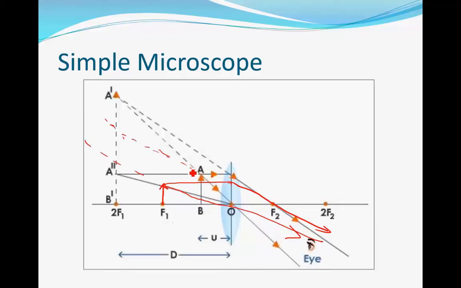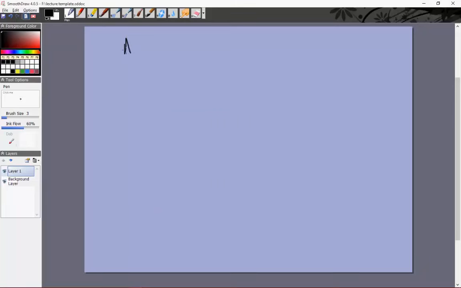Now, the characteristic for a simple microscope is the angular magnification that it produces. Now, up till now, we've been talking about linear magnification. Why angular magnification now? Because now we're looking at objects as they relate to being viewed by the eye, and for the eye, the height of the object is not important, the apparent size or the visual angle is important, right?